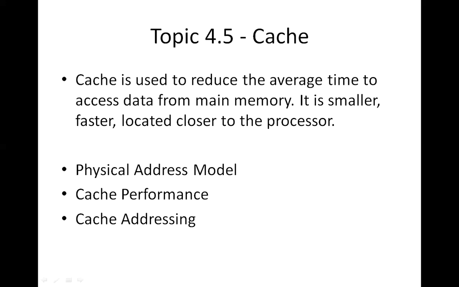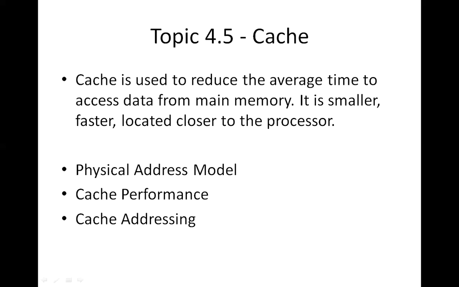The cache memory is nearest to the processor, and hence it requires minimum time for data access by the processor. So cache is used to reduce the average time to access data from main memory. It is smaller because it is costlier, it is faster, it provides data in minimum time to the processor, and it is located closest to the processor.